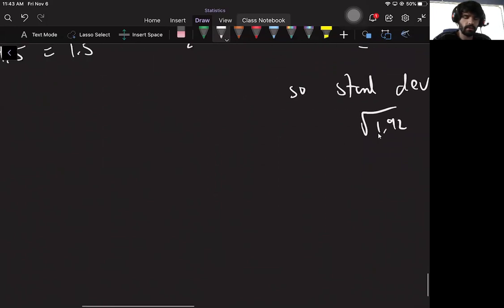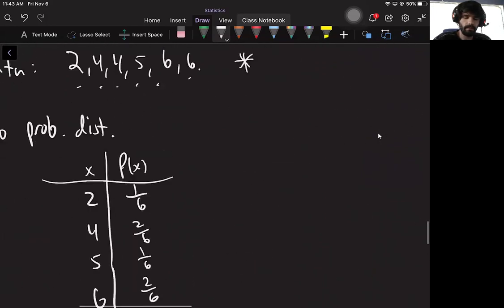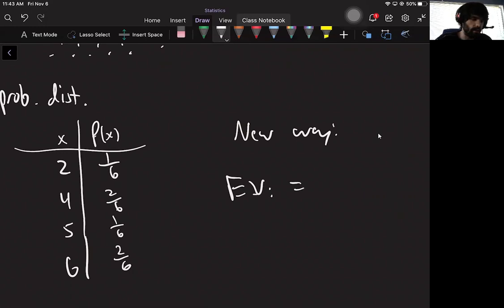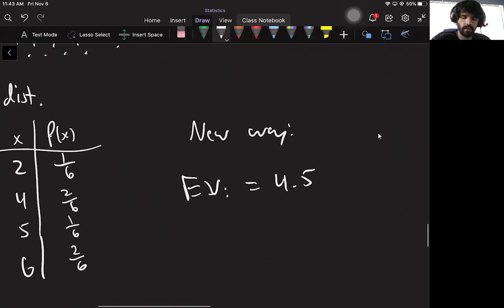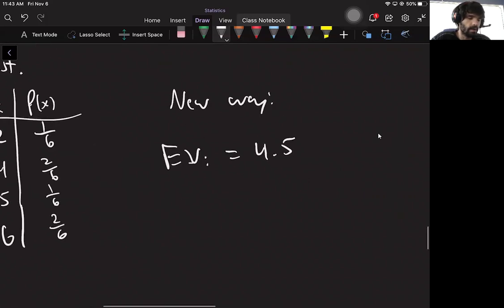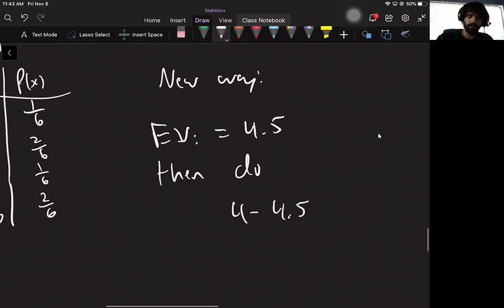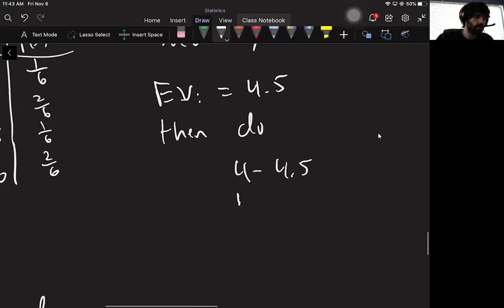So then the new way, we'll make sure we get the same thing. Just to make sure everything works. I get the expected value, which I'll leave it to you to calculate. It's 4.5 again, because it's the same as the mean, but it'll work out if you do it the long way. And then I do subtraction, but not for each data point, but for each possible value of little x. Oops, I skipped 2.